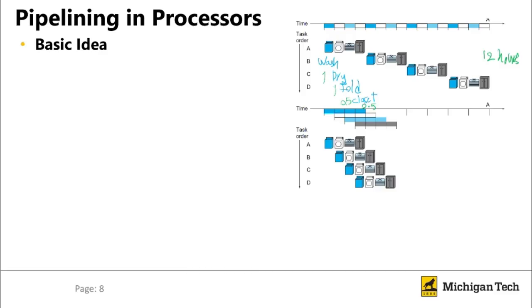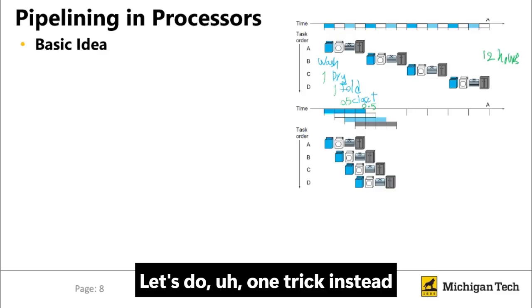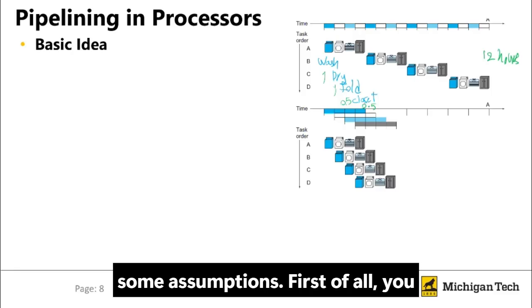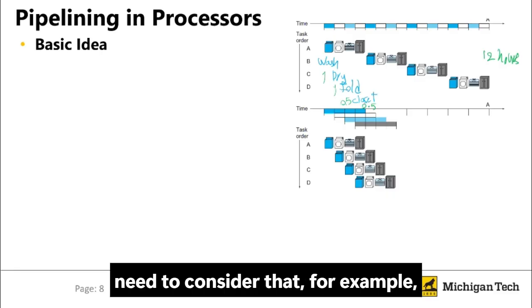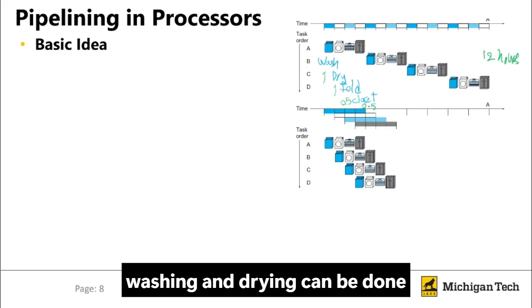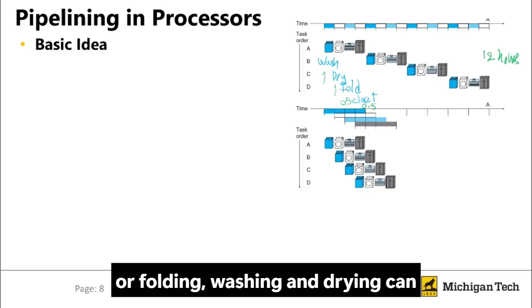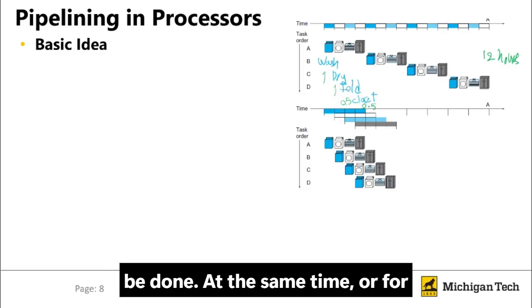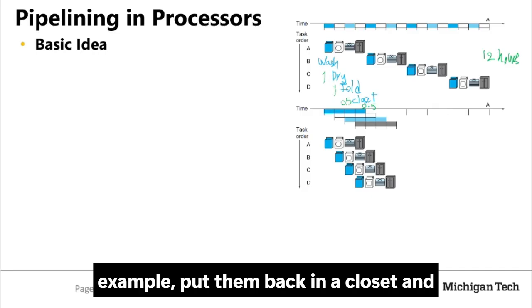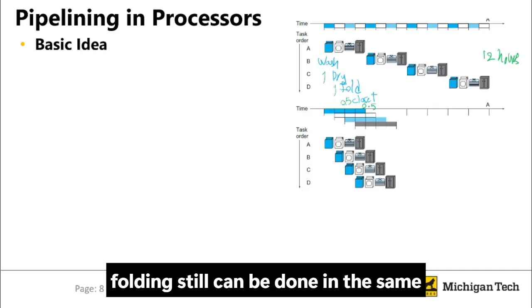Okay, let's do one trick. First, you need to consider some assumptions. Washing and drying can be done together at the same time. Or folding, washing, and drying can be done at the same time. Or putting them back in a closet and folding can be done at the same time.